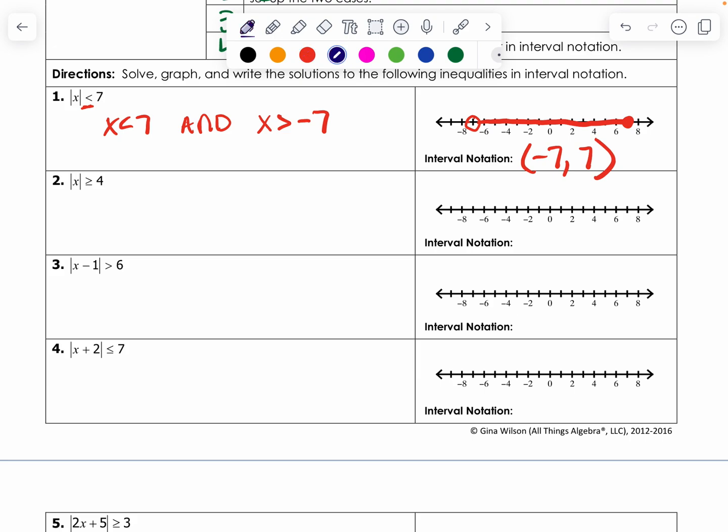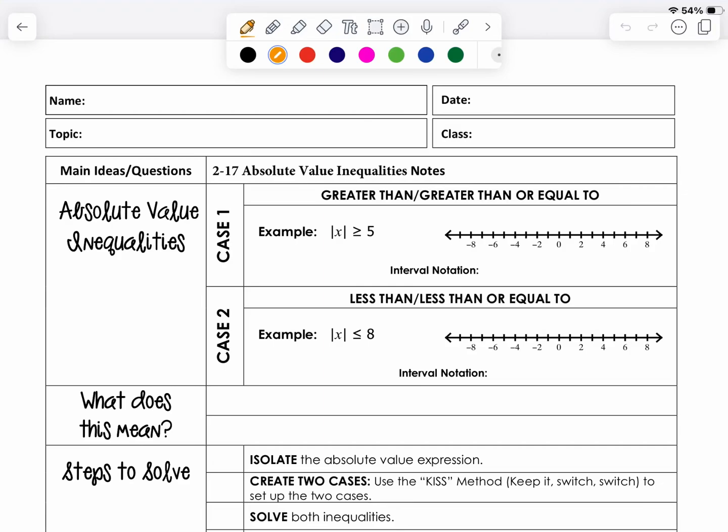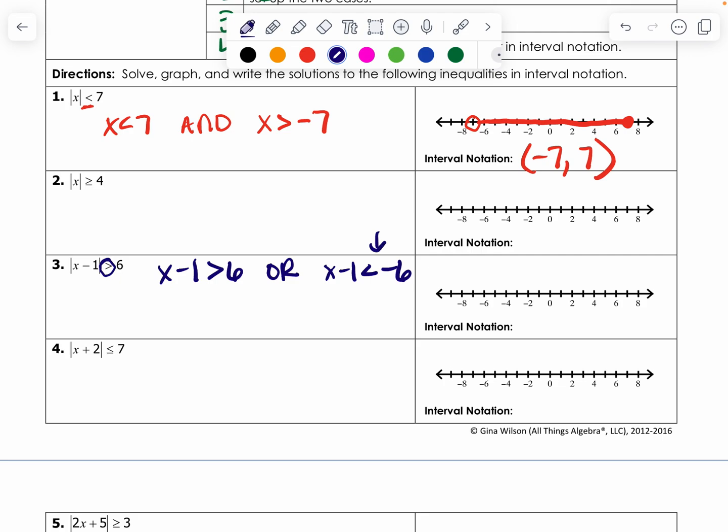Okay, then we have number 3. This is an or, right? x minus 1 is greater than 6, or x minus 1 is less than -6. You cannot forget to flip the sign and take the opposite of your number. So I'm going to add 1. x is greater than 7, or x is less than, add 1, -5.